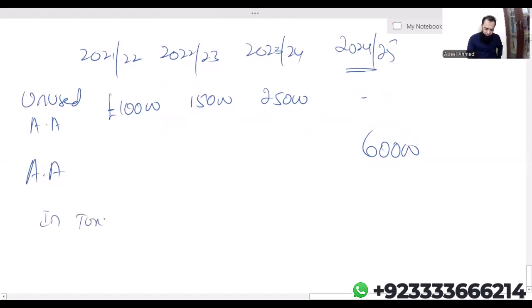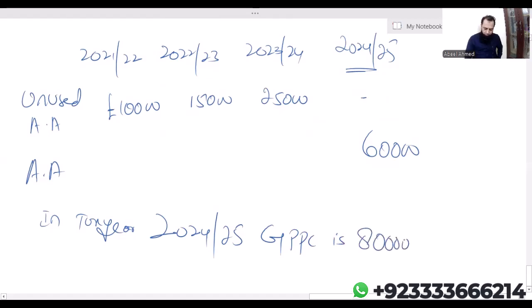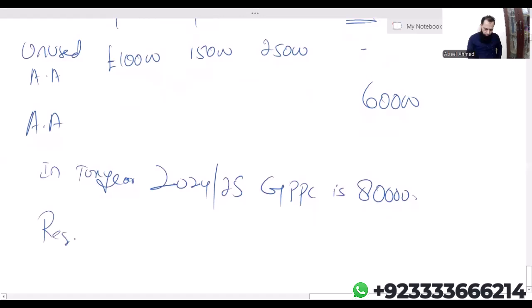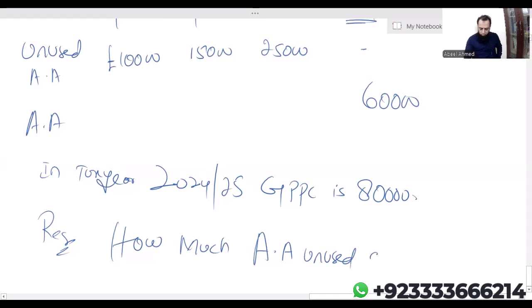In tax year 2024-25, gross PPC is 80,000. In tax year 24-25, the gross PPC is 80 required. How much annual allowance unused can be carried forward for tax year 25-26?